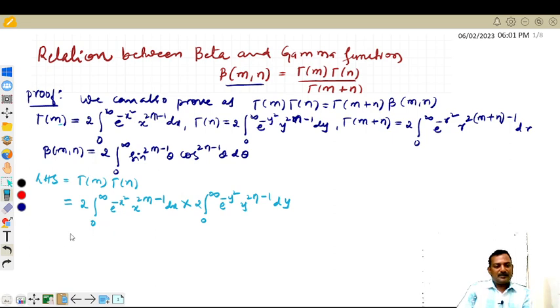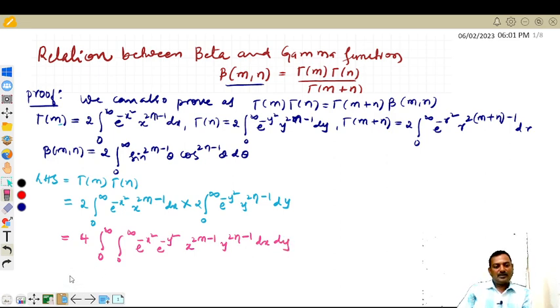Now on multiplication of these two integrals, 2 times 2 becomes 4, and you can combine these two integrals, 0 to infinity, 0 to infinity, e raised to minus x square, e raised to minus y square, x raised to 2m minus 1 into y raised to 2n minus 1 into dx into dy.